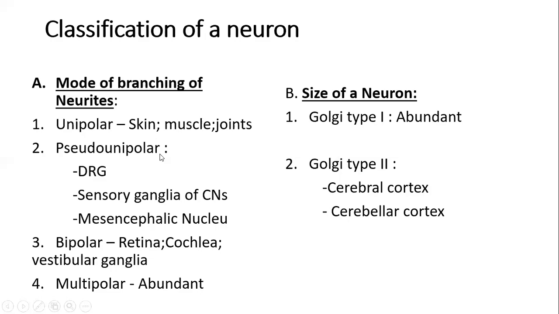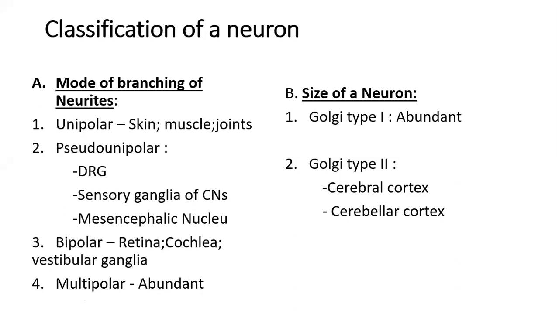So these pseudo-unipolar type of neurons are specifically found within the dorsal root ganglion, and sensory ganglia of the cranial nerves, like trigeminal ganglion, very famous. Mesencephalic nucleus, you will study this nucleus also with the cranial nerves.